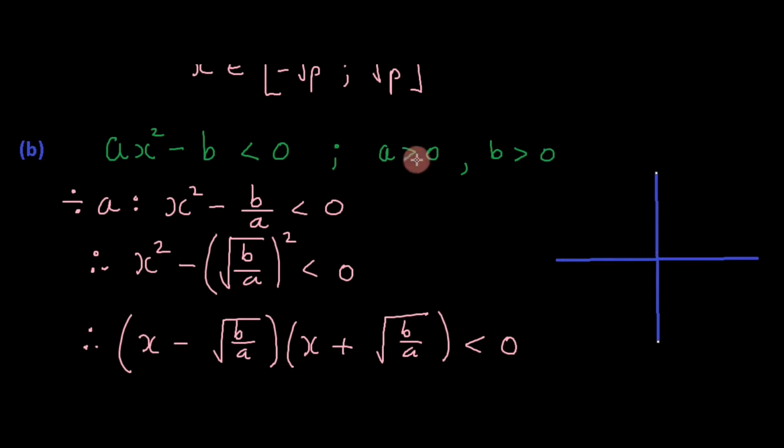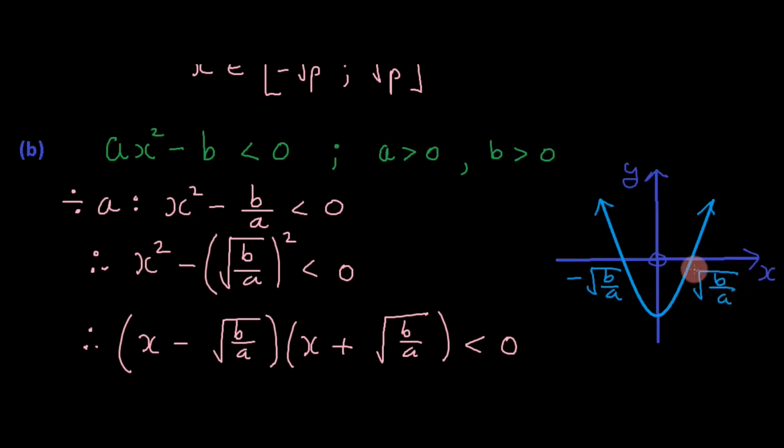So just a rough sketch. Now our roots will be plus and minus square root of b over a. So let's draw that. So minus the square root of b over a and positive square root of b over a.